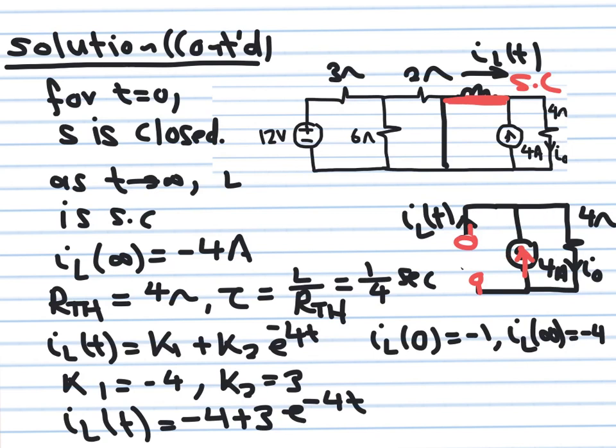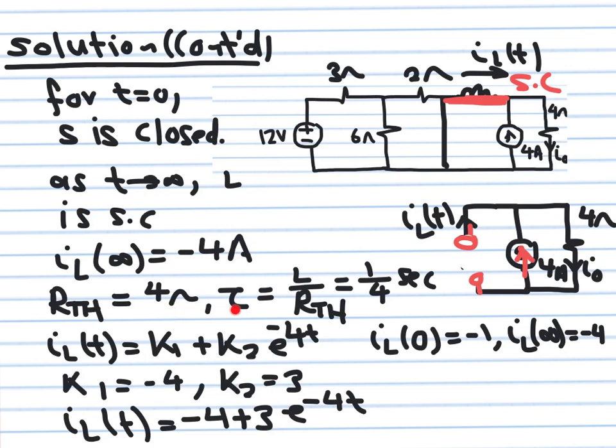So this current source becomes an open circuit. The current source is gone. Looking between these two terminals, you see only the 4 ohm, and this really looks like a Norton equivalent, correct? A current source embedded with a resistor. After you open this one, you see the 4 ohm. So R Thevenin is equal to R Norton is equal to 4 ohm.